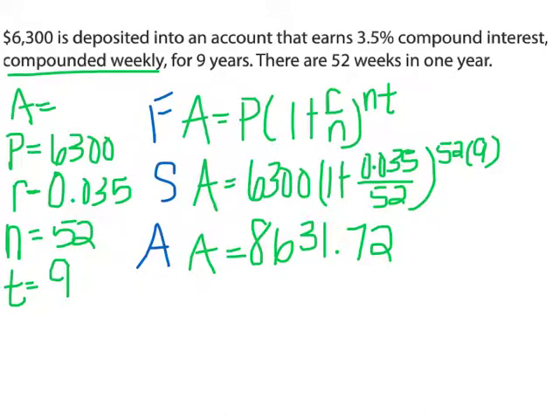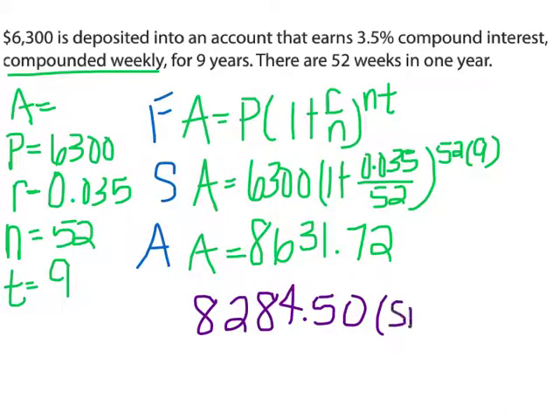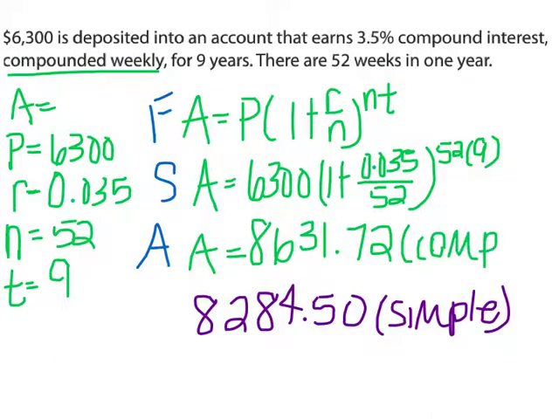If we look back at the simple interest, that was $8,284.50. That was simple. And that's compound. So if we look at those two, obviously the compound has a lot more money in it.